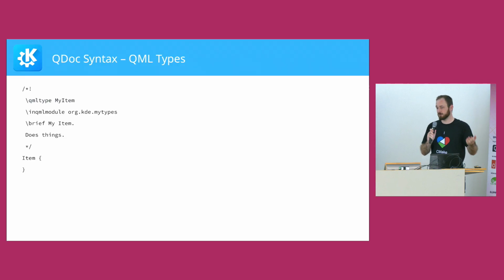And QDoc turns that into the instructions on how to import that type. Then again, we give it a brief description and a longer description, but yeah, conceptually shouldn't be surprising to anyone.